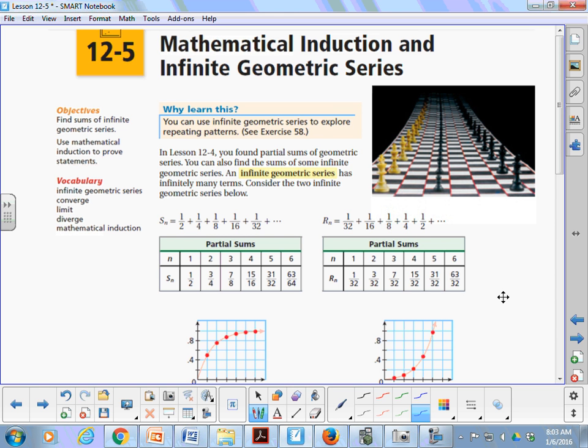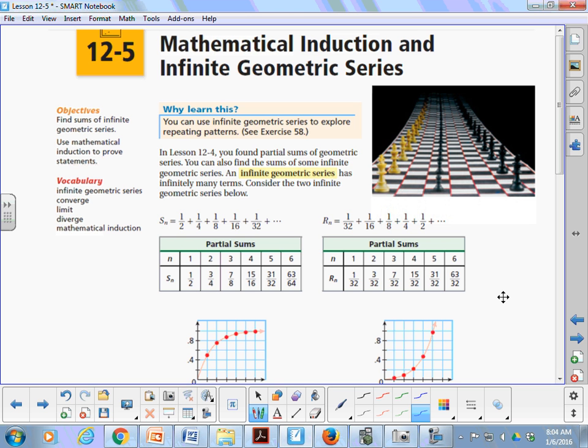And then on the one on the right, we have 1/32, 1/16, 1/8. So the denominator is getting smaller all the time, which means that the fraction is going to get bigger.